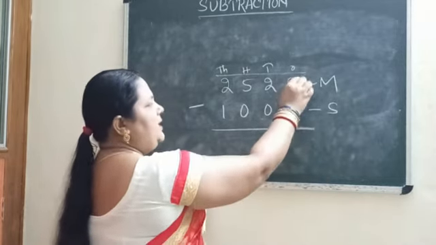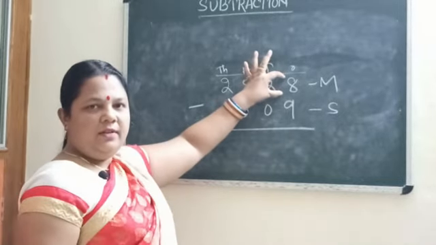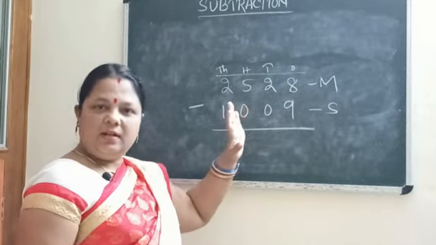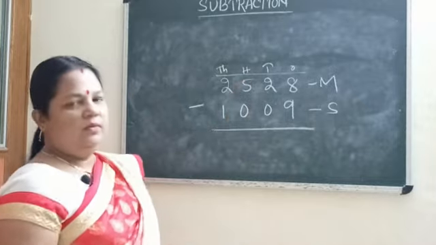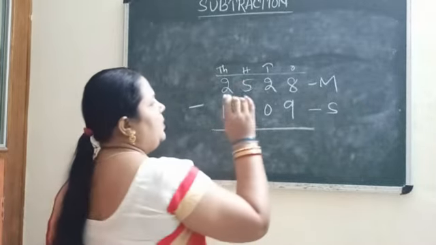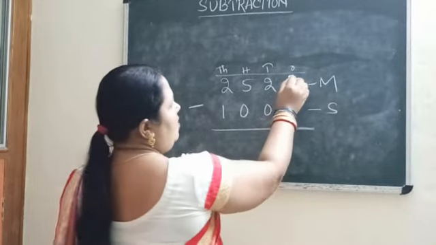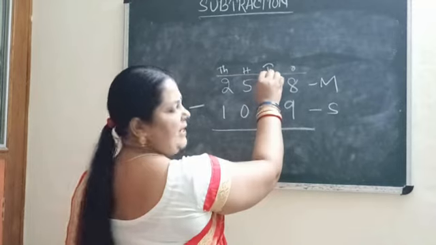So here is 8, here is 9. What to do? This is a smaller value and this is a larger value. Then how will we subtract? We cannot subtract a larger value from a smaller value. So what to do? We have to borrow from the neighboring place. The neighboring place of the ones place is the tens, because after ones, tens comes.